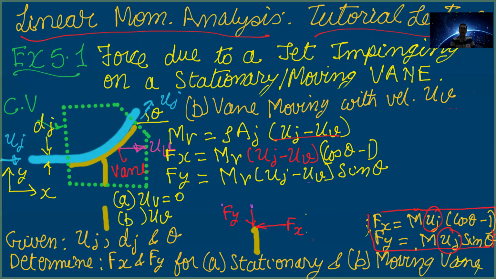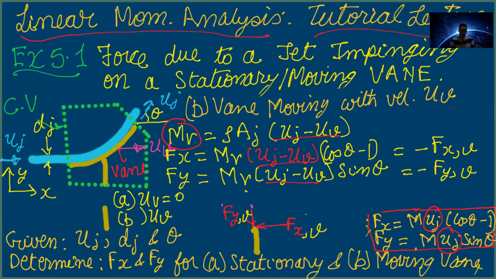Now the active forces which I had shown here, which are acting on the vane, are of the same magnitude but in opposite direction. So these are the active forces acting on the vane. Till now we have obtained the reactive forces.